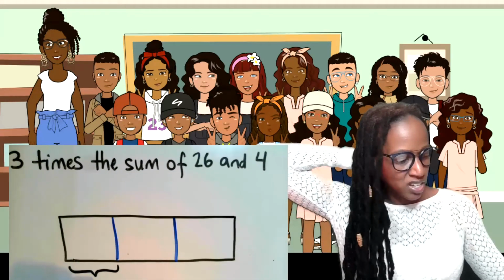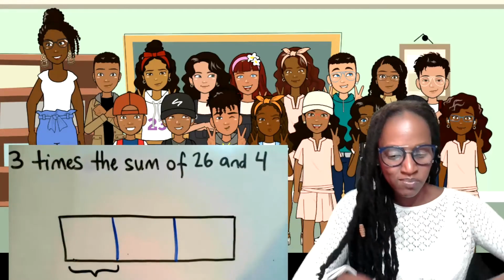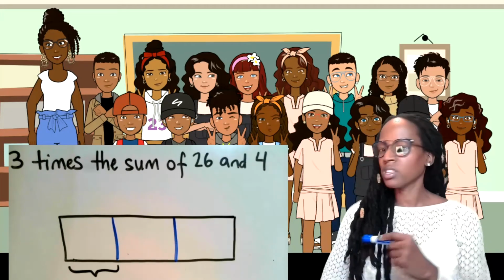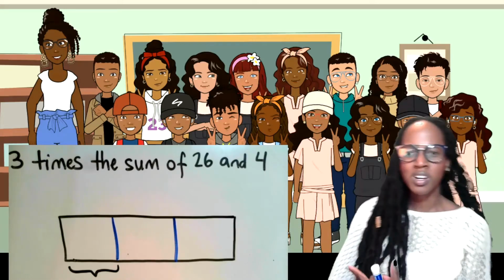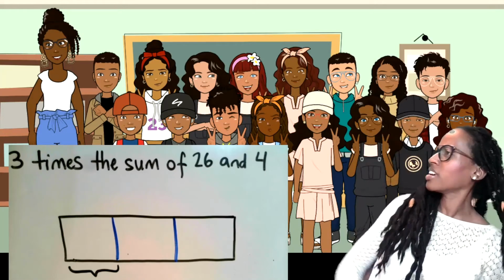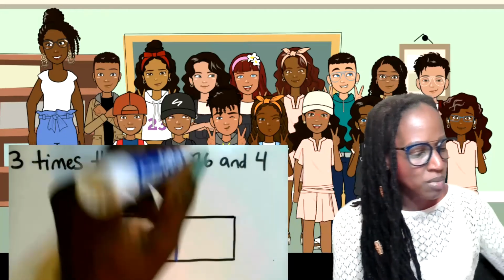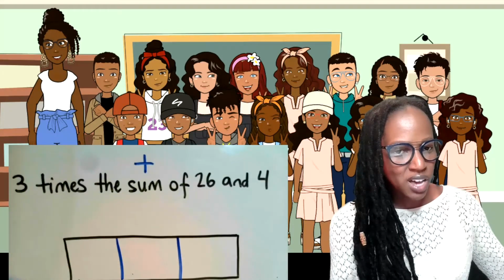So one of these could be represented by, let me see, I can't remember. What does sum mean? Let me look back here. Do you guys remember what sum means? What did y'all say? Okay. I think they said if I see the word sum, I need to add, okay? So I'm going to put a plus sign above there.